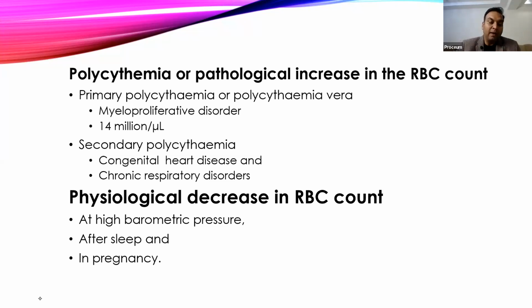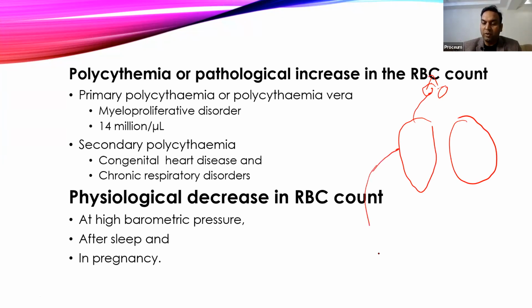Apart from that, congenital heart diseases. Normally, this is the right side of the heart, this is the left side of the heart. Blood comes from the body to the right side, then goes to the lungs, and from the lungs the blood gets oxygenated, comes to the left side of the heart, and from the left side it goes to the rest of the body as oxygenated blood.